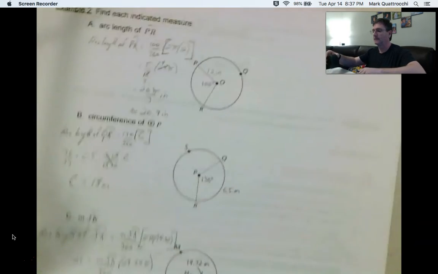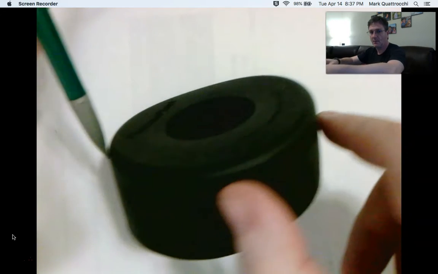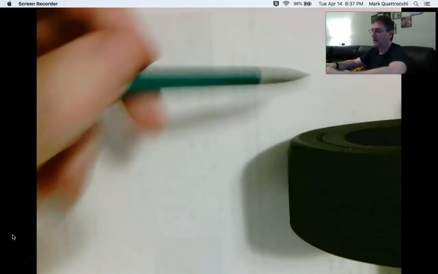So let's take a look at some white paper here. So imagine here's our circle, and we start right here where it's touching the paper, and we make 1 complete revolution. How far has it traveled when the pencil gets back to the paper again?